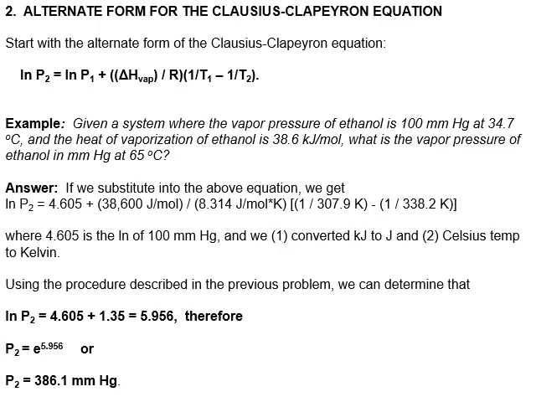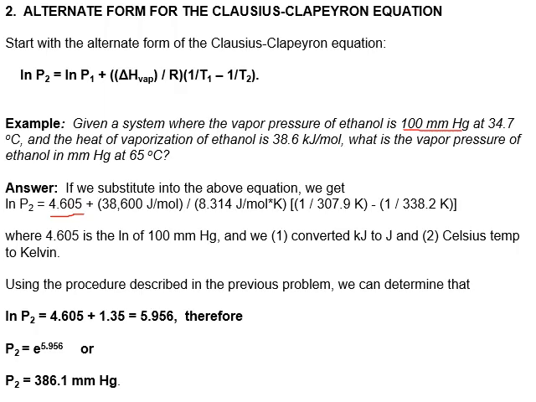Next slide. So what I've done here is I've just left everything the way it is. We were given P1 as 100 millimeters of mercury in the problem statement. So take the logarithm of 100 and you get 4.605.